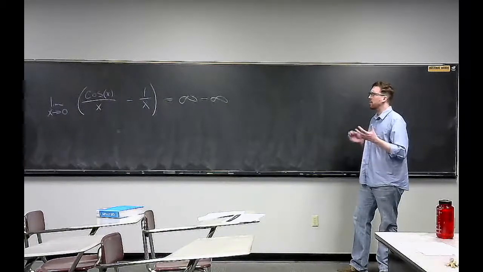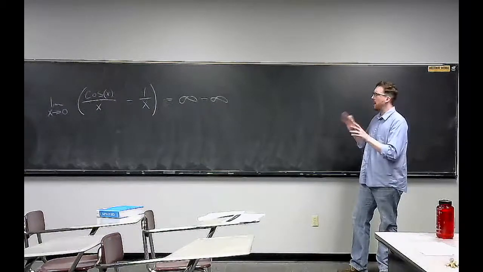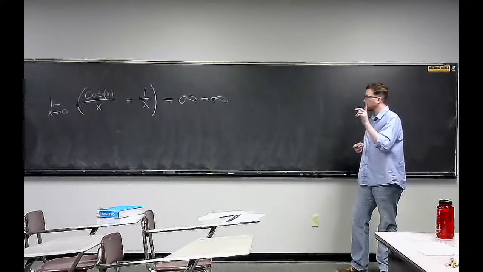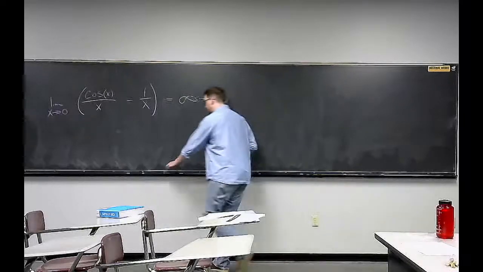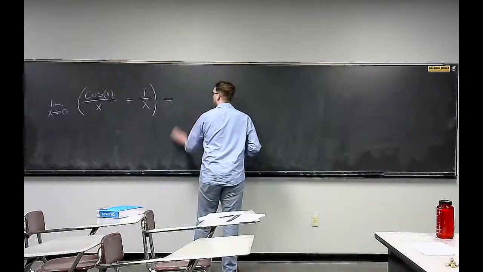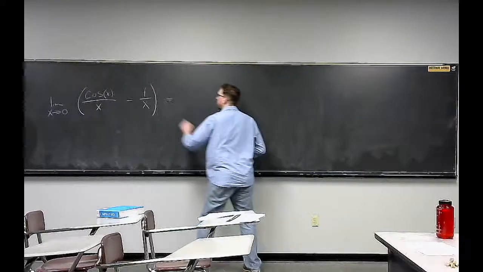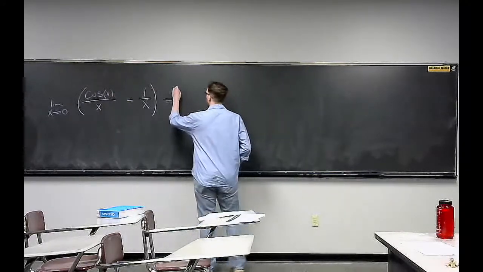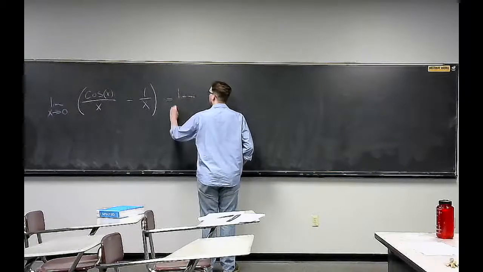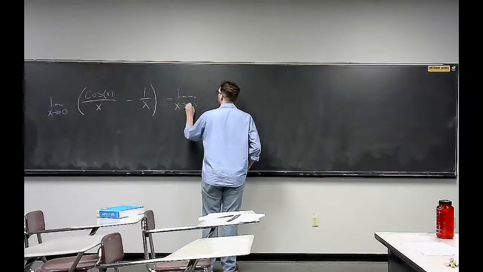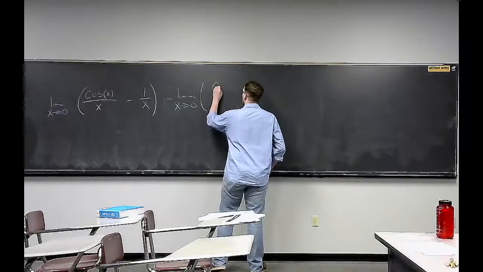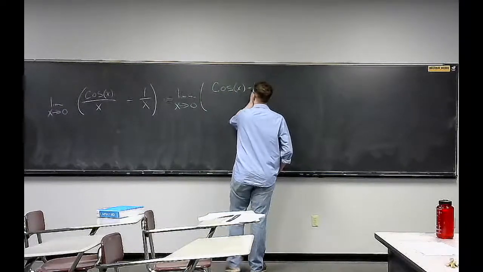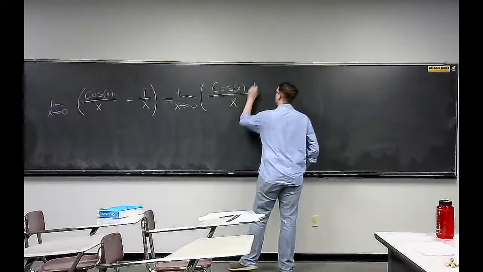So we need to use L'Hopital's somehow to make this into a solvable problem. To do that, the first thing we should notice is that we have a shared denominator. So we can bring all of this into one fraction, giving us the limit as x goes to 0 of cosine of x minus 1 divided by x.